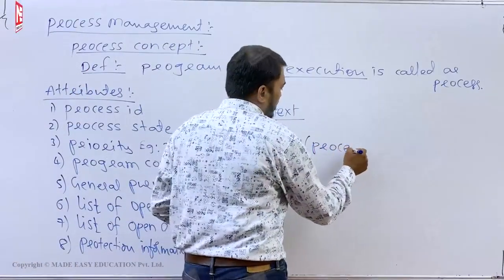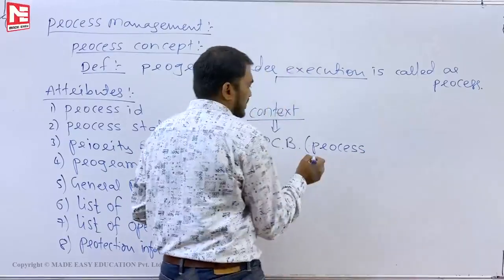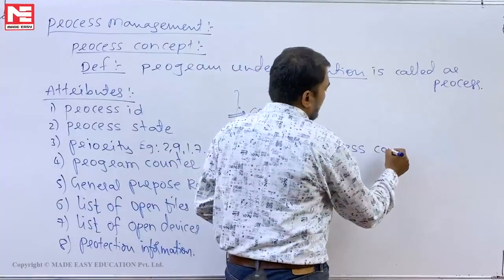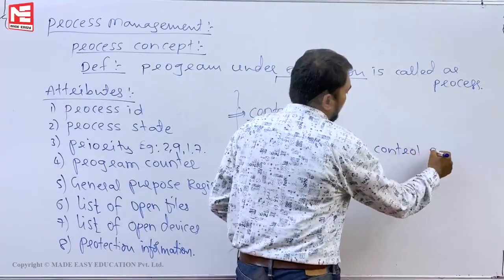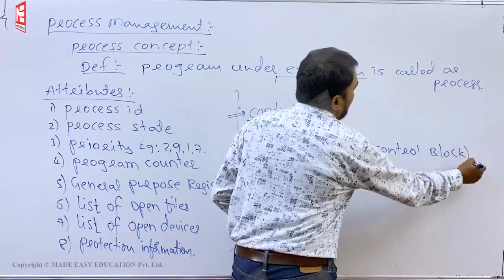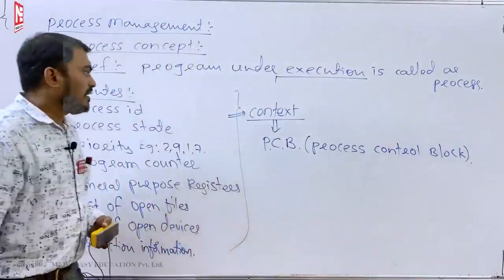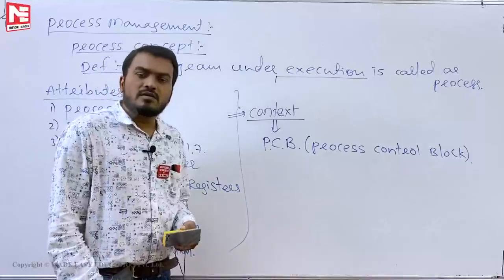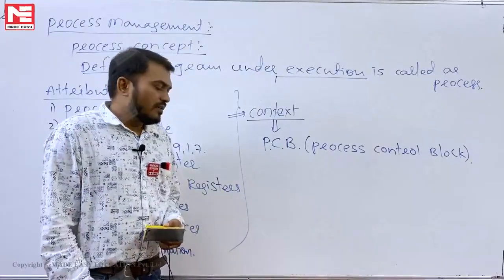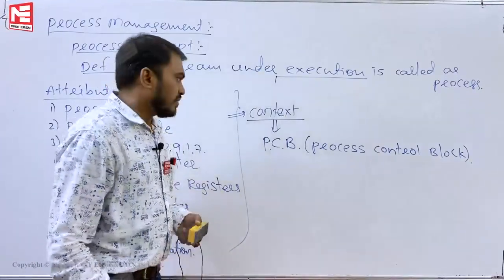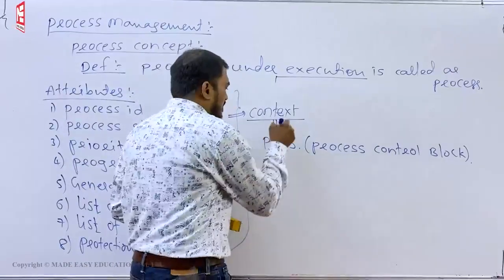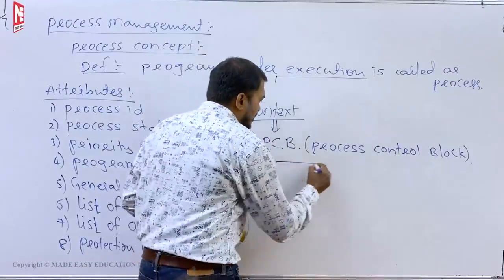Note down: context of the process will be stored in the PCB, that is the process control block. So all the context will be stored in the PCB. PCB will look like this.